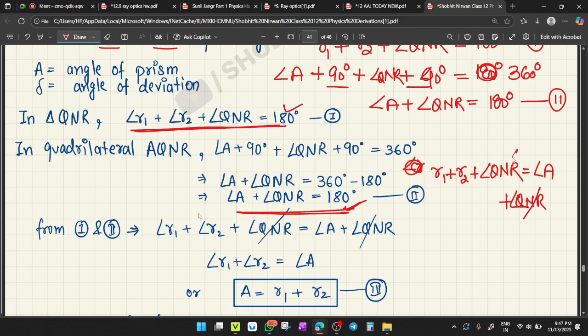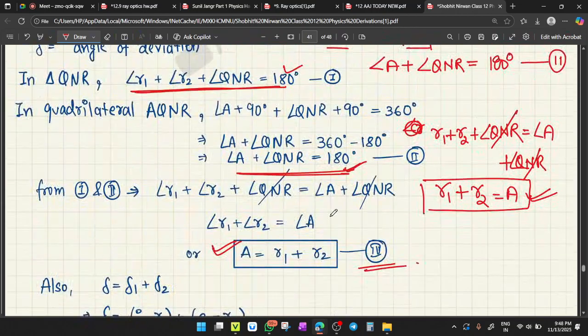So angle QNR cancels out, and you will have the relation R1 plus R2 equals angle A, or you can say A equals R1 plus R2. Got it? We compared the right parts, both 180 degrees, so the left parts are also comparable. So A equals R1 plus R2.